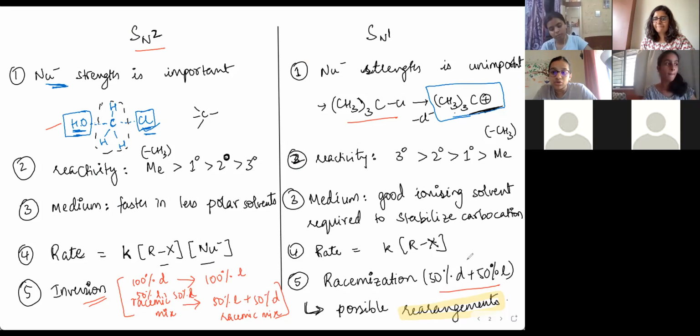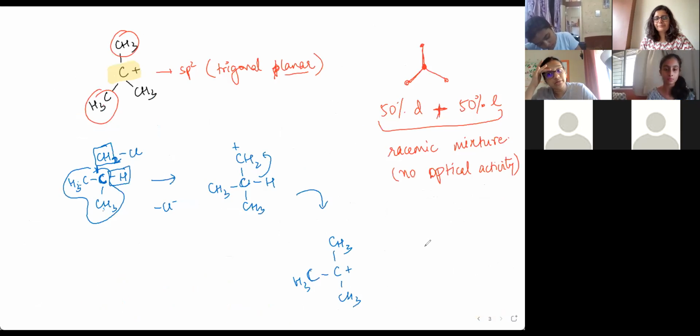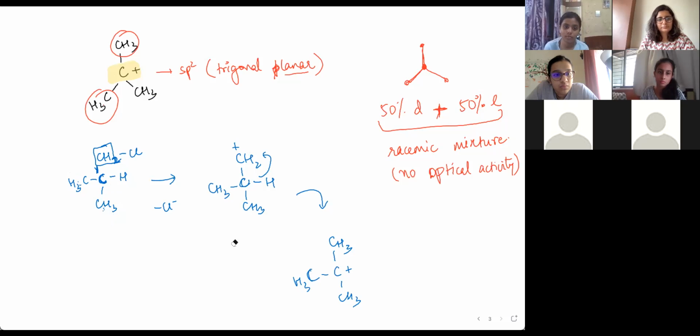The example that you showed for rearrangement, I didn't understand this. What part did you not understand? Just go through it, look at the electron movements. How is the third one more stable than the second one?